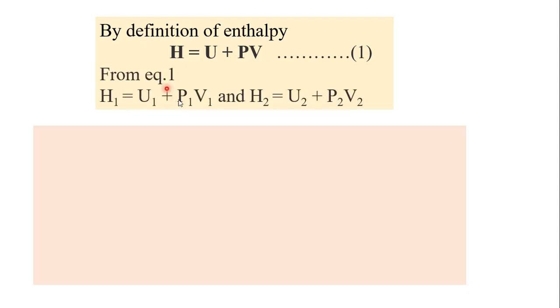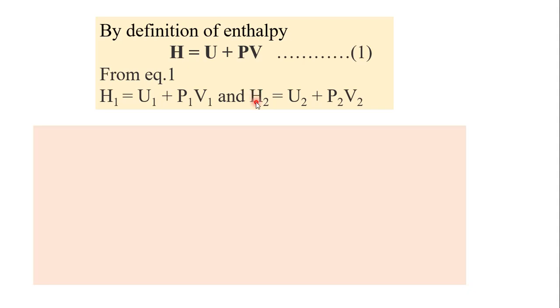Therefore, H1, that is the enthalpy of the initial state, the reactant, is equal to U1 plus P1 V1, where U1 is the internal energy of the initial state, P1 is the pressure in the initial state, and V1 is the volume of the initial state.